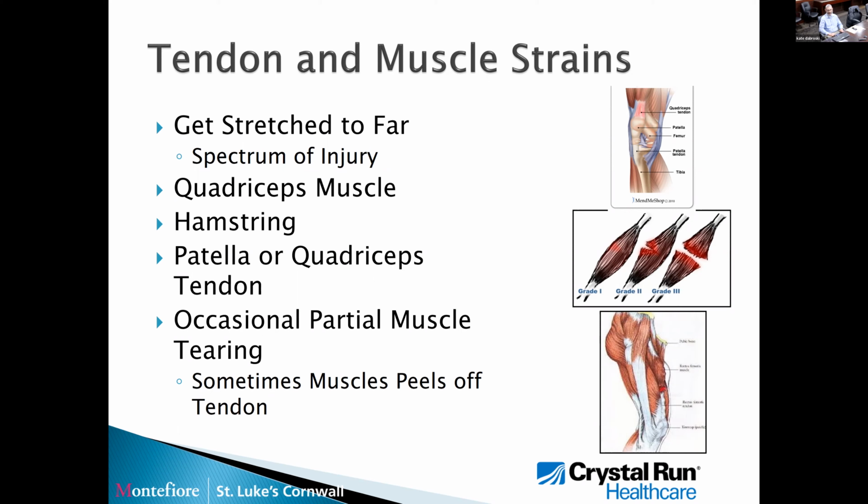And occasionally you get a partial tearing of the muscle as well. Sometimes the muscle actually peels off the tendon. So it can happen either in the mid-substance, in the middle of the muscle, or it can occur where it attaches onto the tendon, or it can occur in the tendon itself.